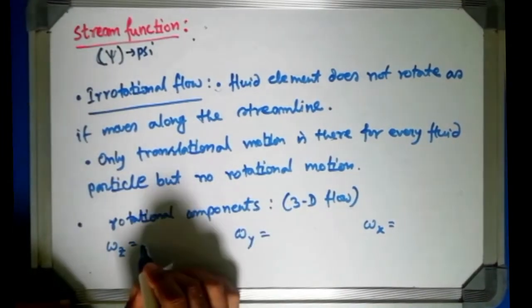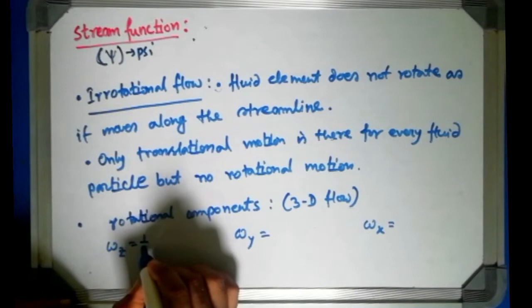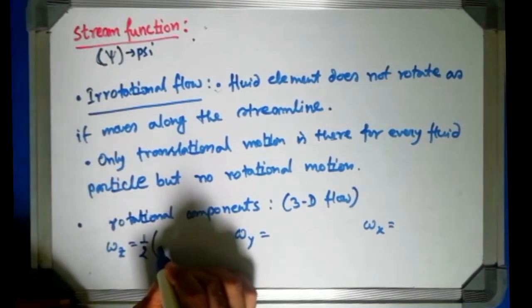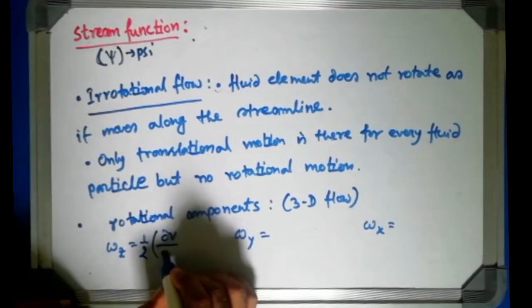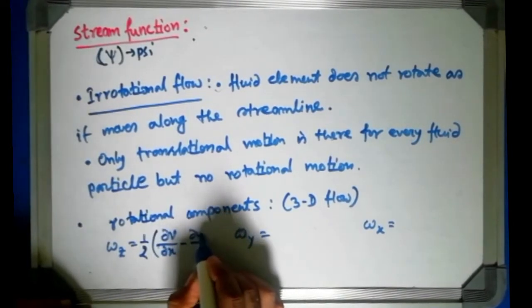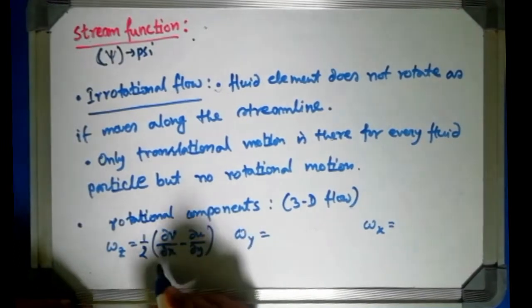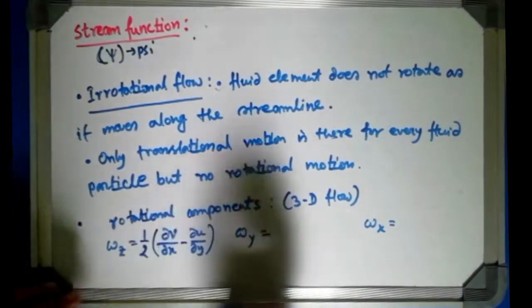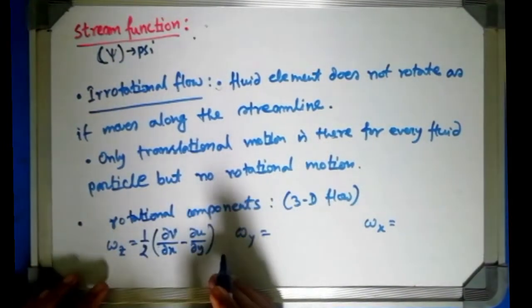If we express omega z, it can be written as half into del v del x minus del u del y. How they are derived, I am not going into those details, it is not necessary here.